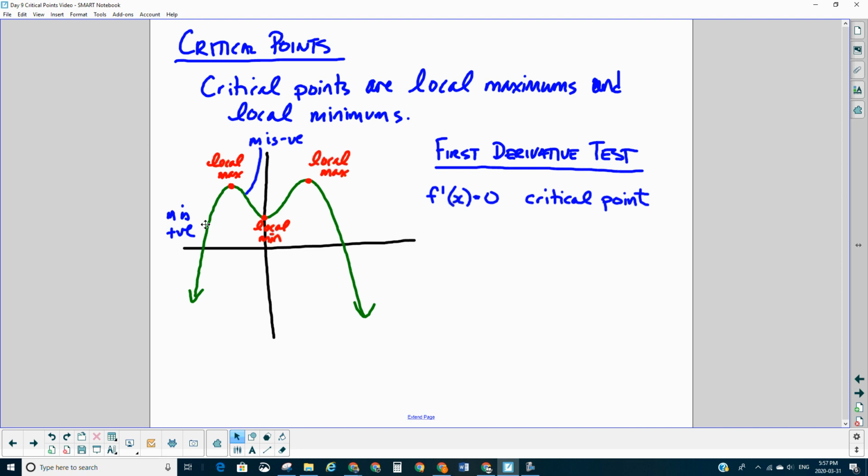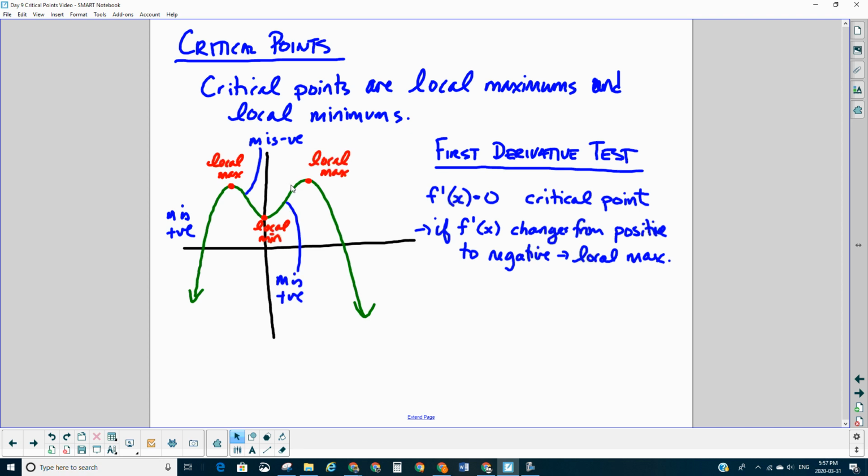So if the derivatives, the tangents, go from positive to negative, that must mean that you have a local max. Similarly, the graph is going down here, so the slopes of the tangents would all be negative, negative, negative, negative, until you get to here where it's 0, and then it switches and the slopes become positive.